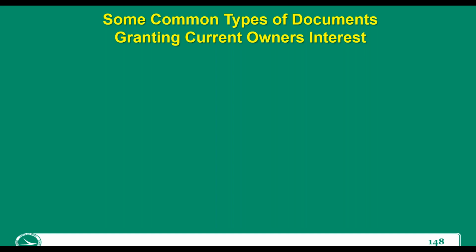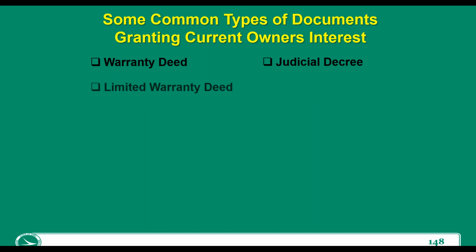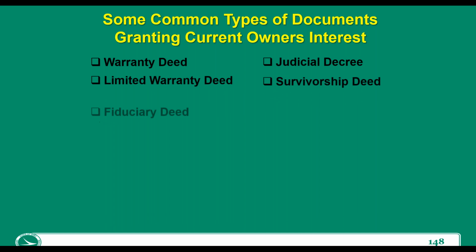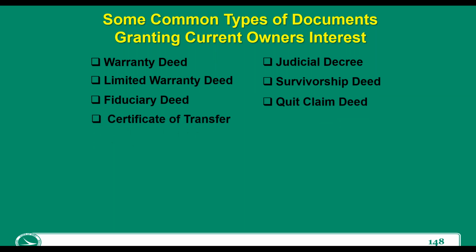Some common types of documents granting current owner's interest: warranty, judicial, limited warranty, survivorship deed, fiduciary deed, quitclaim deed, certificate of transfer, and auditor's deeds, which are rare, but they do happen. Transfer on death deed is no longer valid.